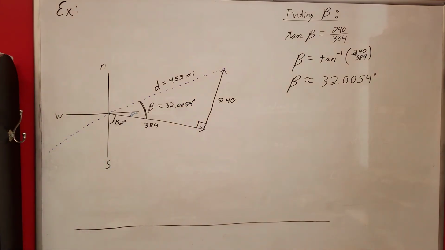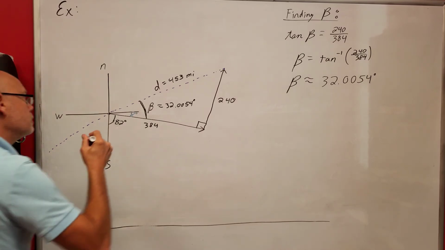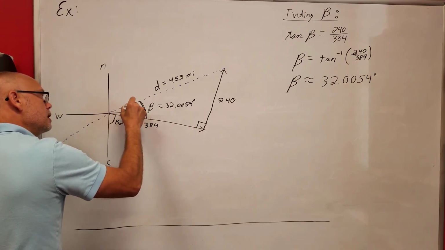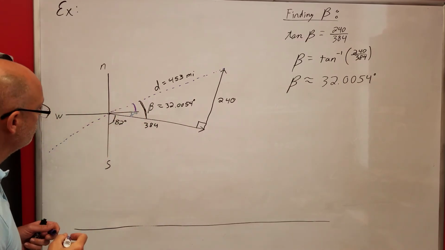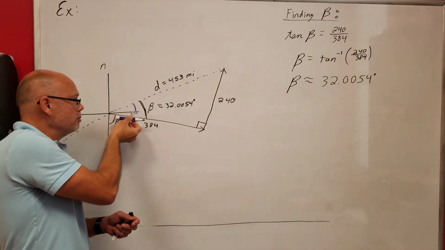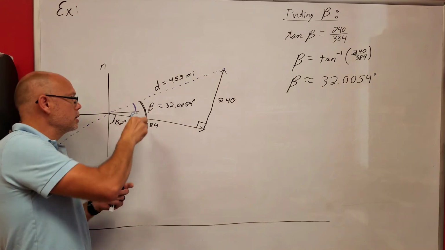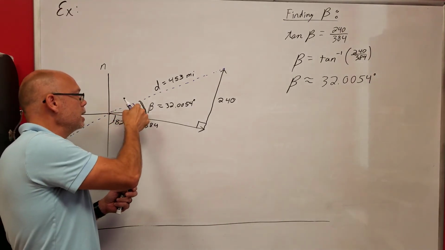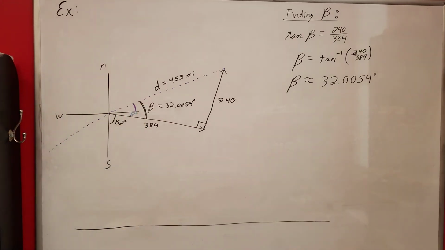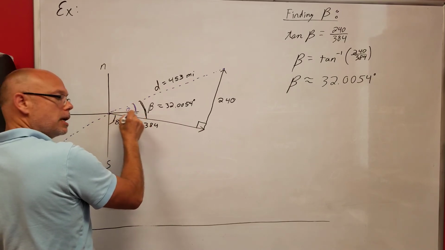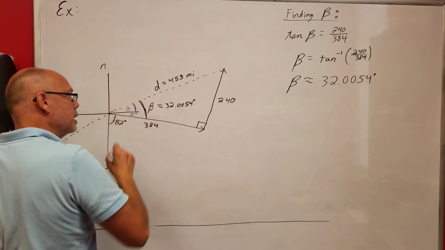Now let me ask you this. How could I go about finding this angle between my dashed line and the east axis? Well, wouldn't it be all of beta minus this 8 degrees, right? In the picture I called this angle between the east axis and the dashed line theta.